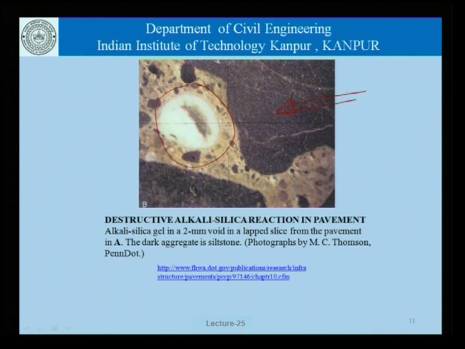The dark aggregate which is shown here is a siltstone aggregate. So, this is the kind of gel that forms and gets deposited in the voids within the concrete, or if there are continuous pores connecting it to the surface, it also emerges at the surface, as we saw in the picture a couple of slides ago.